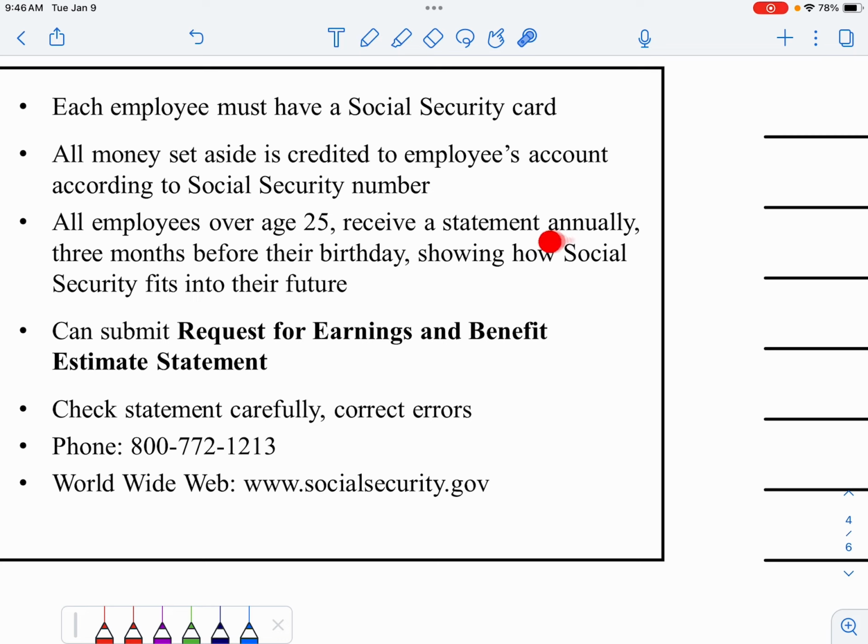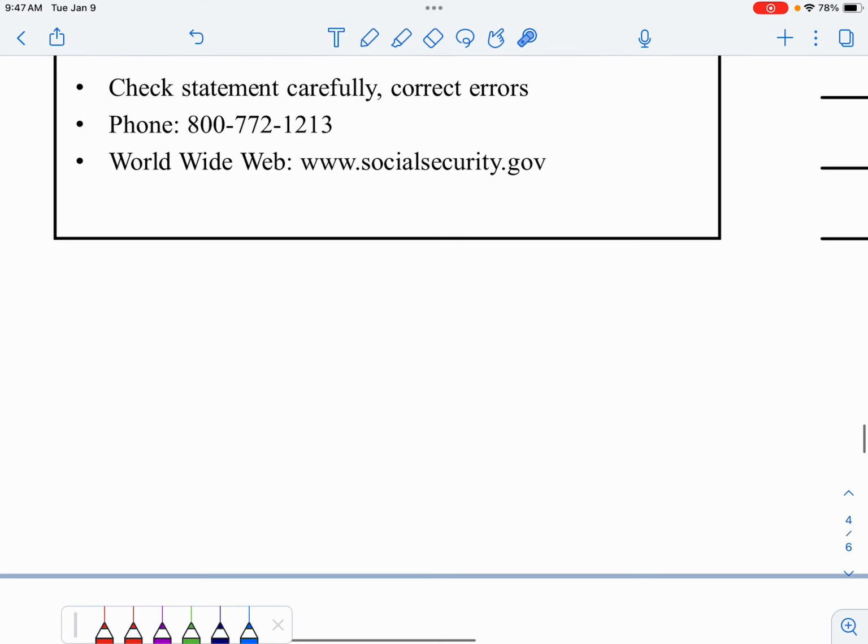You can create an account at the website and check your plan and your possible future earnings after you retire, based on your current pay. You can always submit a request for an earnings and benefits estimate statement, but when you log into your account, you will see it.